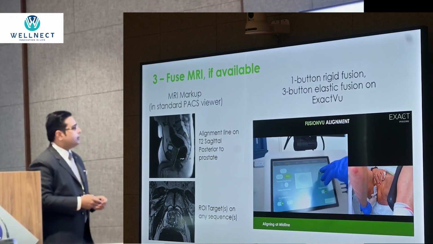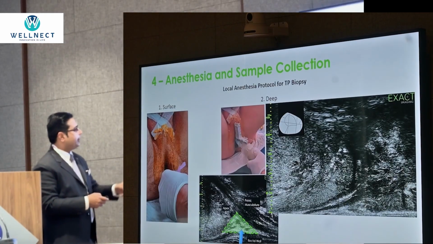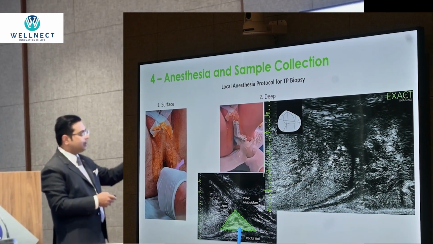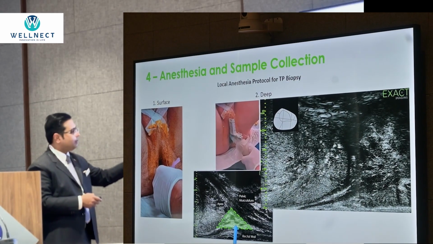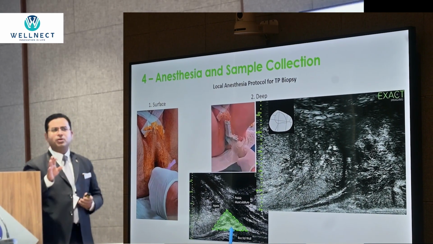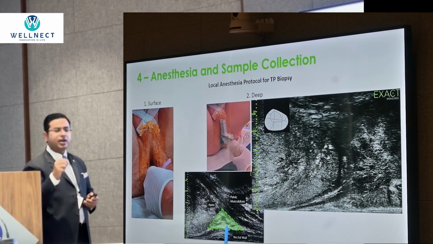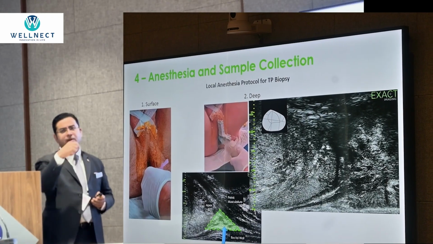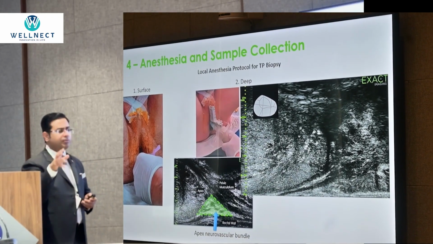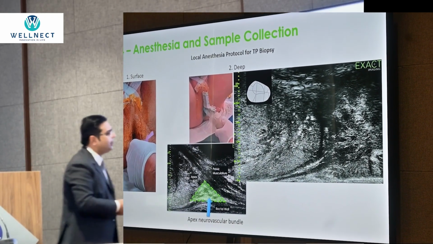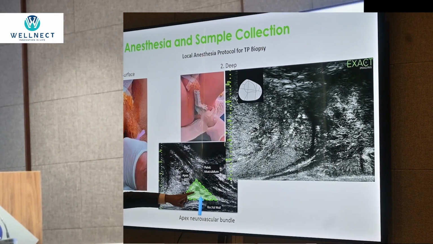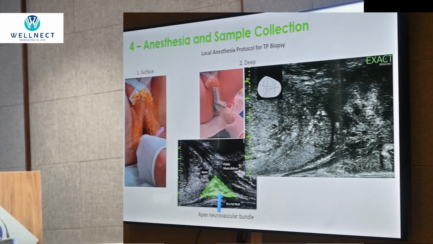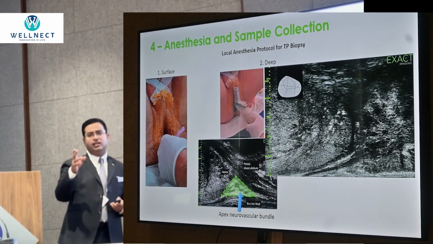So how do you do a transperineal biopsy with this? The principle of doing a transperineal biopsy remains the same. You infiltrate the perineum with a local anesthetic agent, put the patient in lithotomy position, and then near the apex infiltrate a local anesthetic agent, and you have a grid, the linear grid.